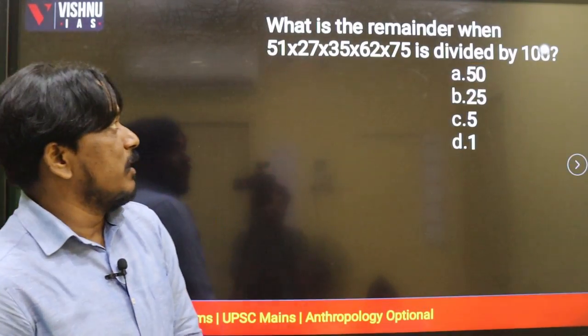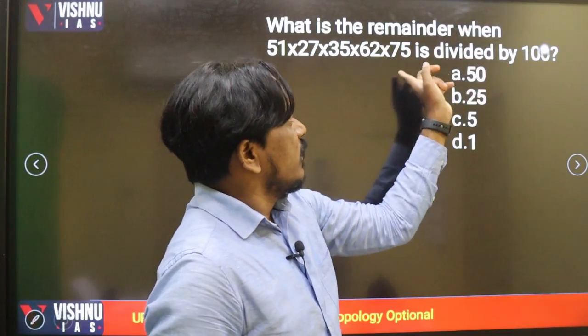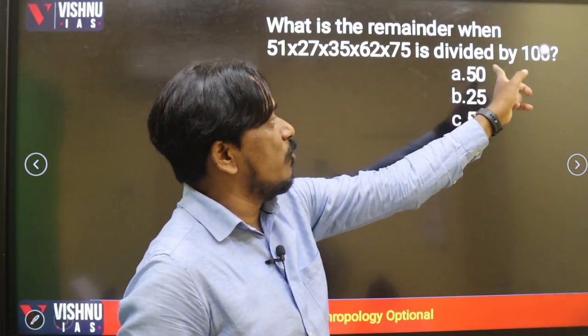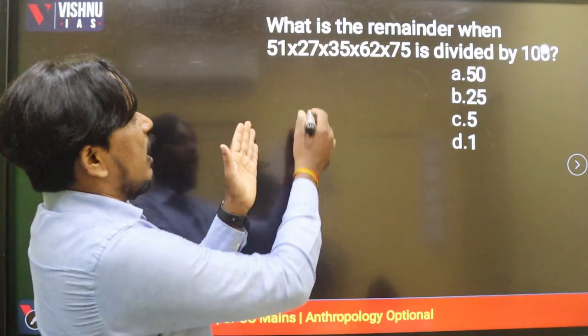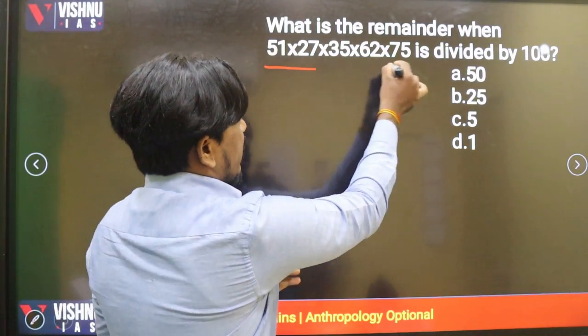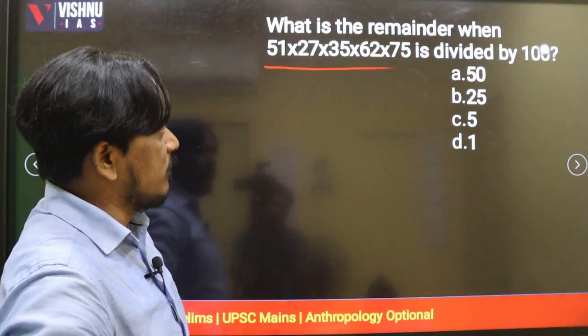Similarly, what is the remainder when this total value is divided by 100? We cannot multiply everything and then divide by 100 here. Blindly, observe all these numbers.